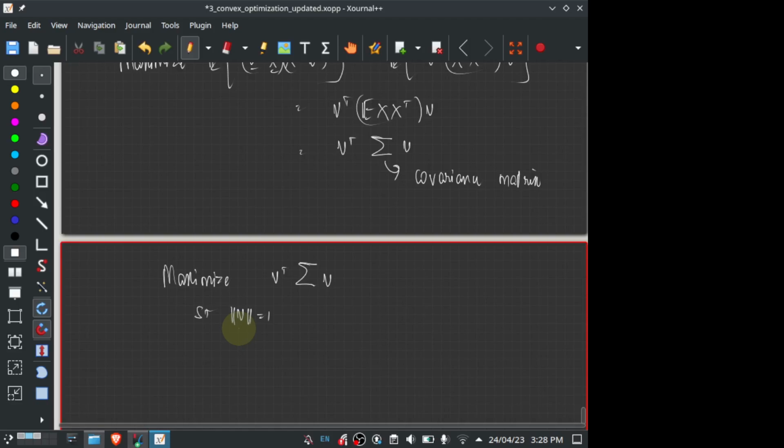What do we know about the covariance matrix sigma? It's symmetric, it's positive semi-definite. And what is the maximum of v transpose sigma v subject to the constraint that norm v equals 1?